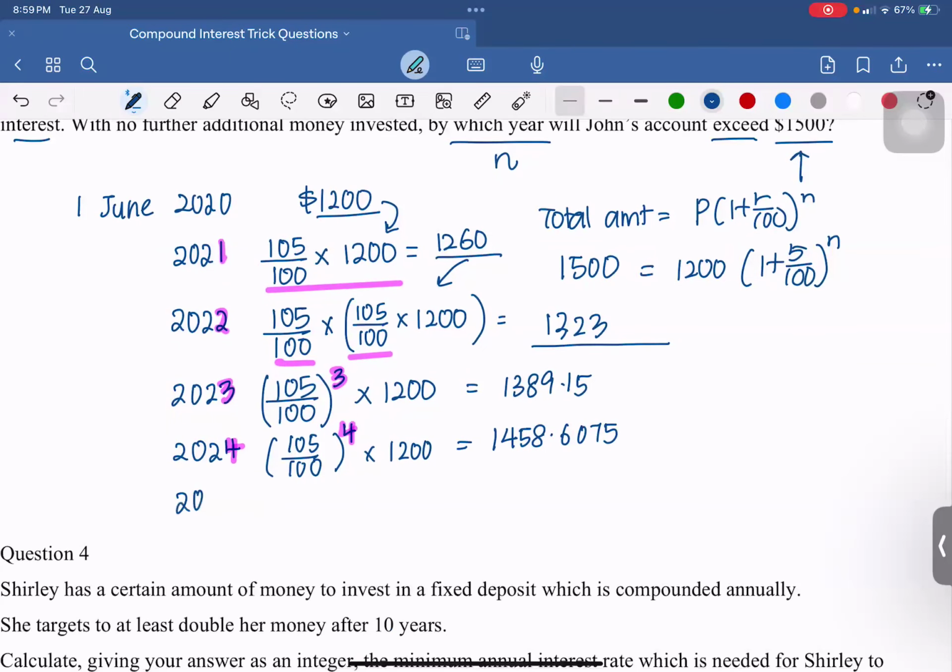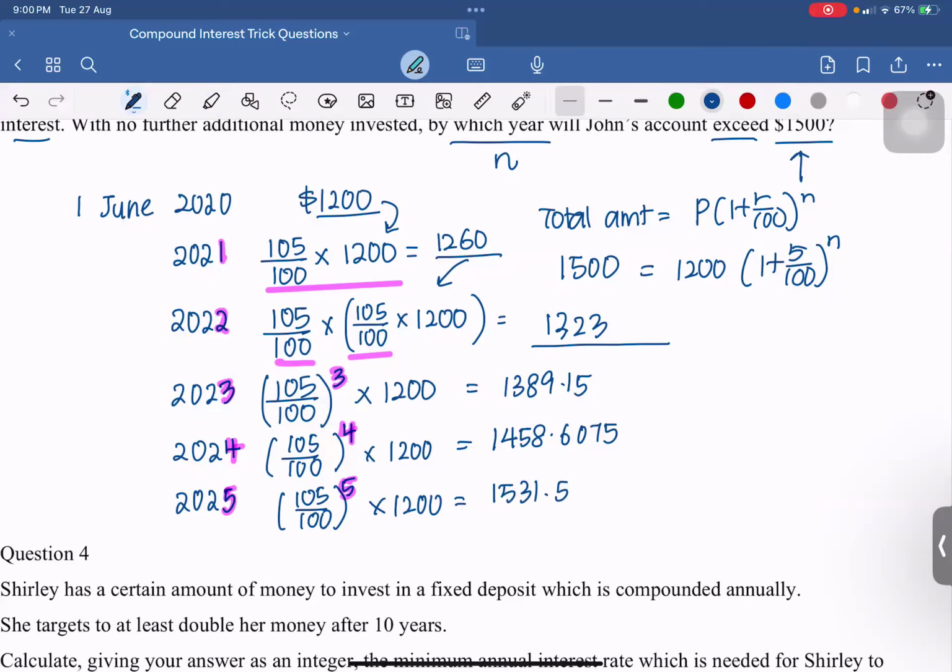Then I do one more year, year 5. The working over here, 105 over 100 to the power of 5 times 1200, and I get the number 1531.537 something something.